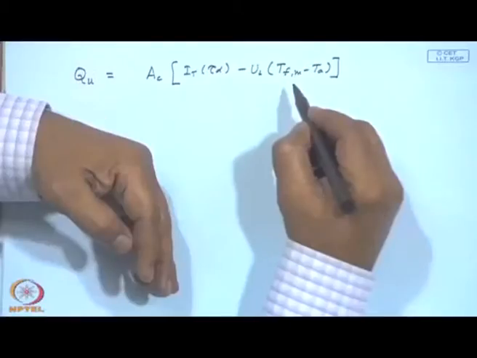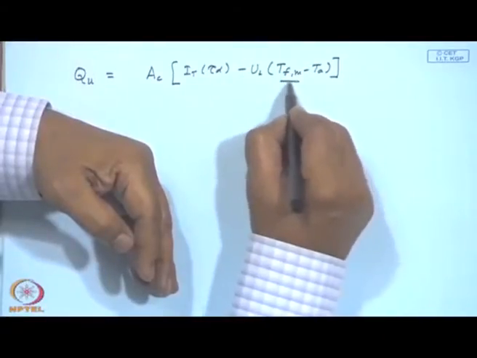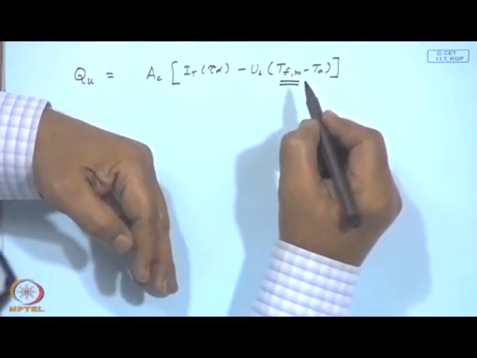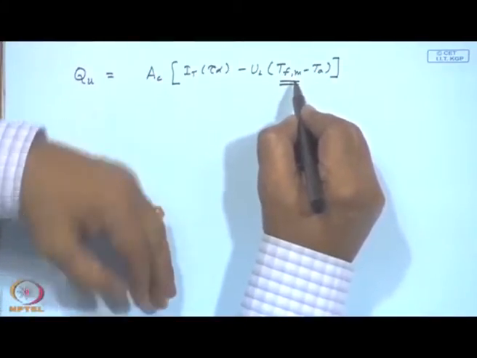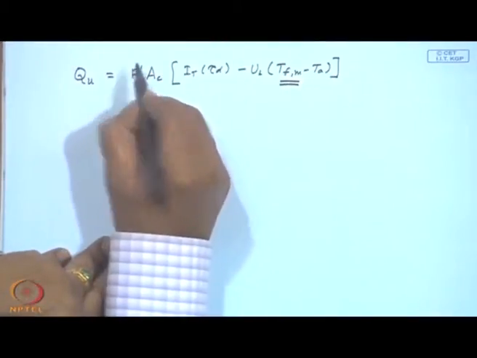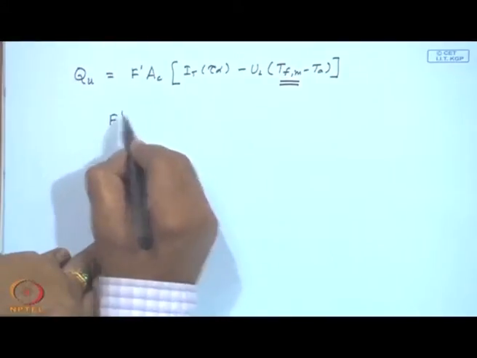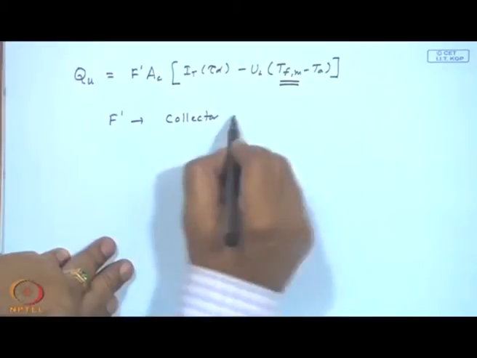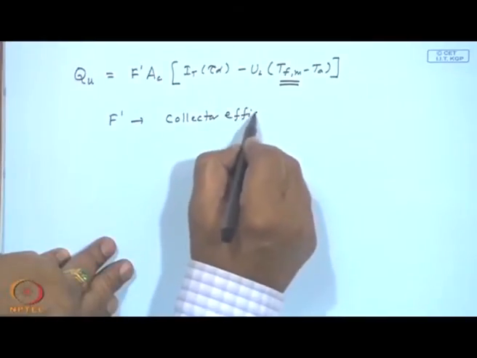That means, the losses are being calculated at the fluid mean temperature rather than at T p mean. So, this is an underestimate. To compensate for that, one has put a factor F dashed, which is called the collector efficiency factor.